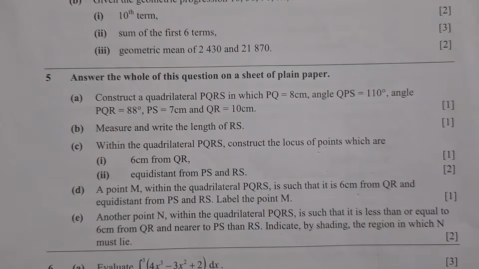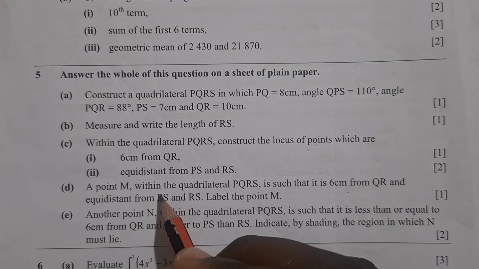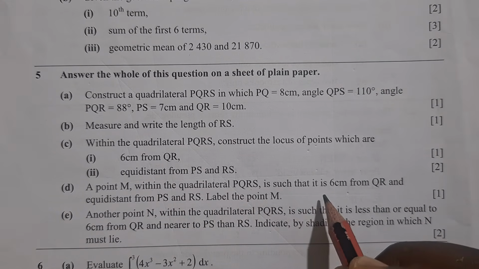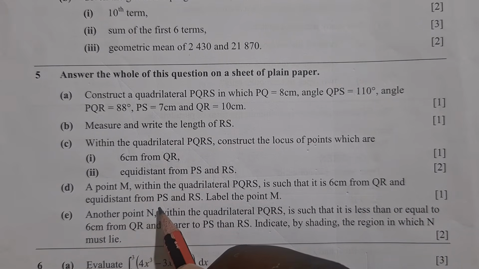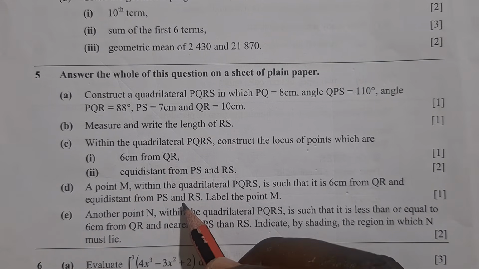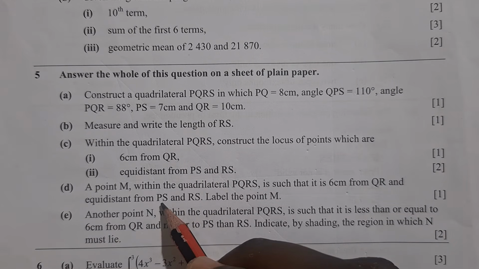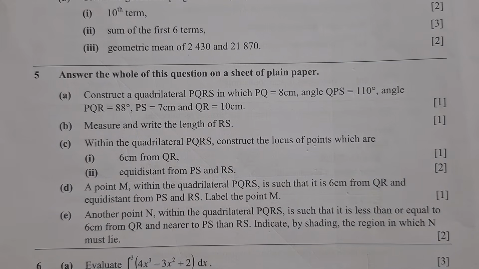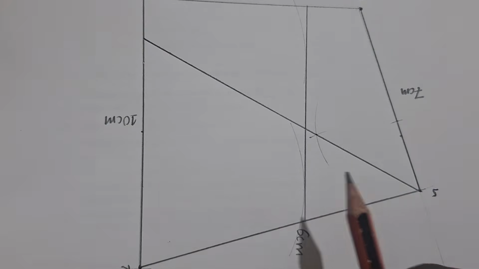The next question here, they're saying a point M is within the quadrilateral PQRS such that it is 6 centimeters from QR and equidistant from PS and RS. Okay, equidistant from PS and RS. Label M. Now look at this. The 6 centimeters line is this one.